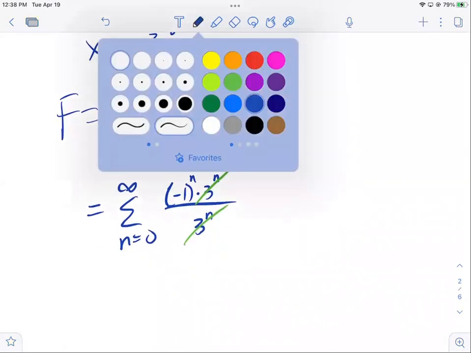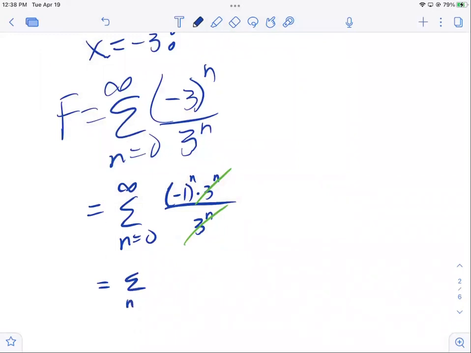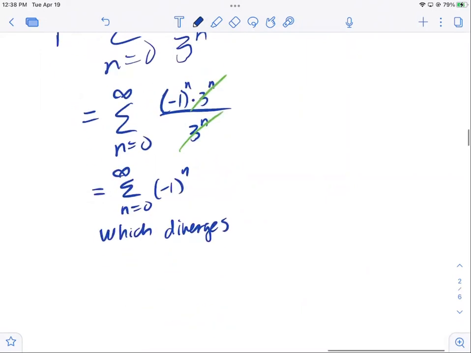And so what we're left with is just the sum from n equals 0 to infinity of negative 1 to the n, which diverges by the nth term test. Because it's plus 1 minus 1 plus 1 minus 1. In other words, the limit as n goes to infinity doesn't equal 0. So we can't include the left endpoint.